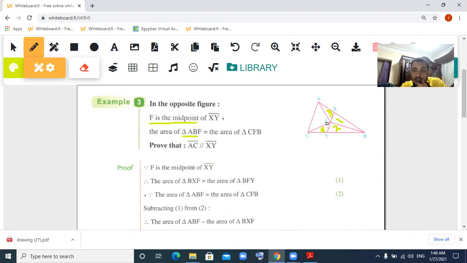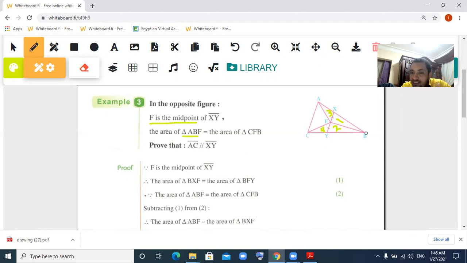Did you know that triangle number 4 and triangle number 3 are equal in area? How, Mr.? Let's see. I will start with the given that the area of triangle AFB is equal to the area of triangle CFB. It's given.